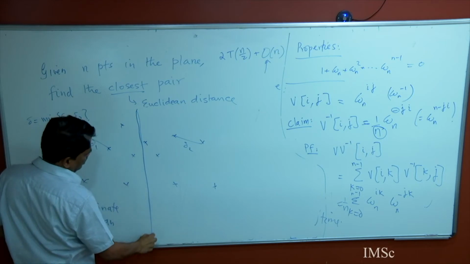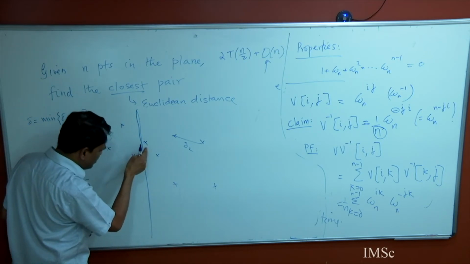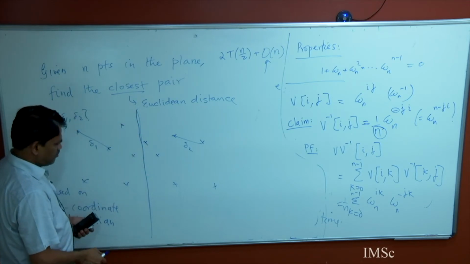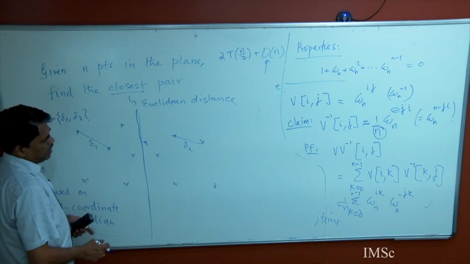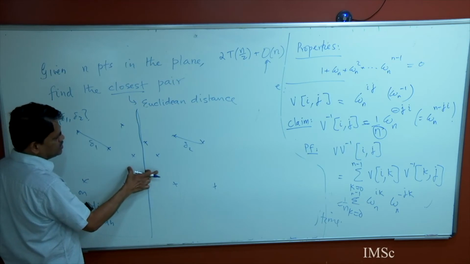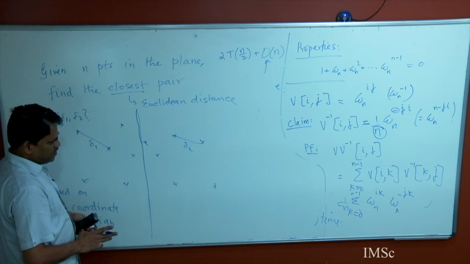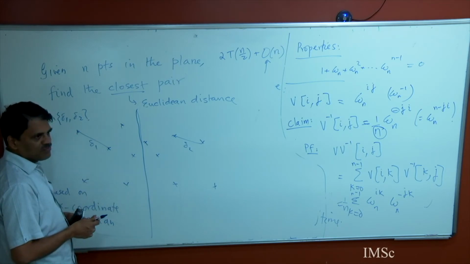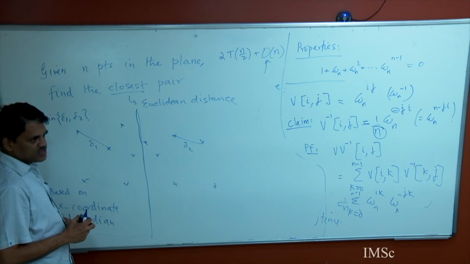So the median, the way we define the median, is one of the points, but let's say I move a little bit so that it doesn't have any of the points. Then I have to look at the distance between points here and points here, but can I throw away some of the points easily by some observations?